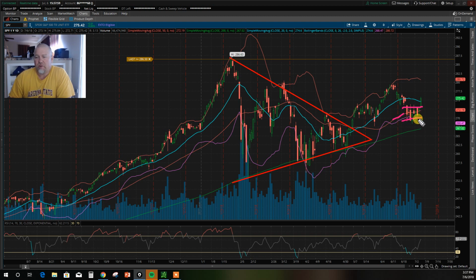I went long a little earlier than I wished I would have, on this candle here, earlier than the close that day, which I shouldn't have done, because it ended up closing just below. The next day it gapped down, rose back above, and then I knew I was okay, but I did sweat it a little bit because this was a decent amount of money.